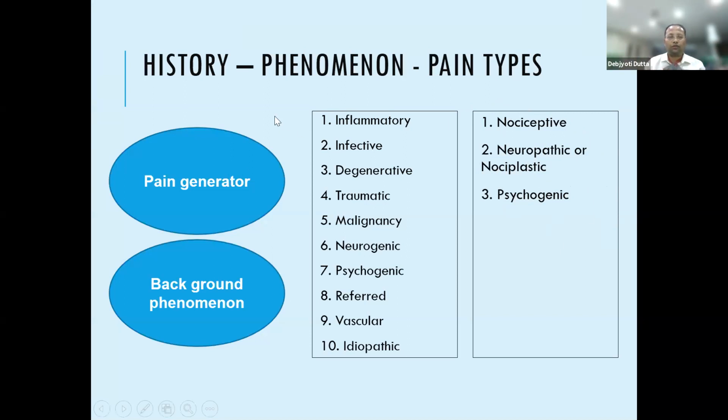So ultimately, you understood that if a patient comes with pain, we will first think about what the pain generator is. Second, what the background phenomena are, and then what type of pain is involved in those background phenomena. Either it is causing nociceptive pain, neuropathic pain, or mixed pain.